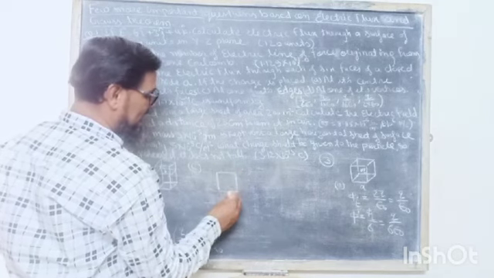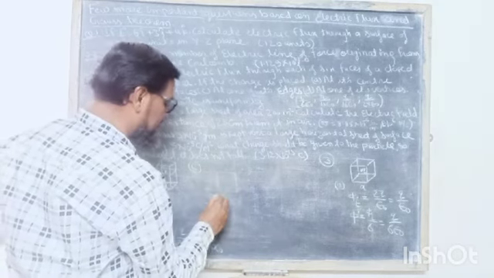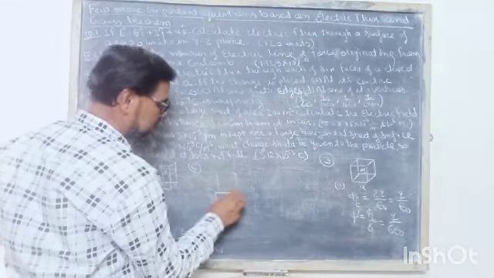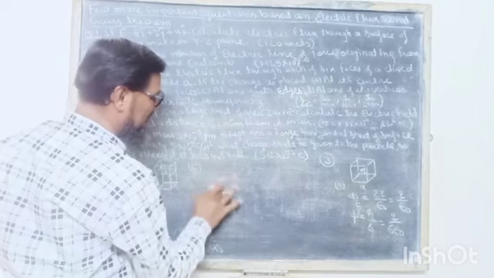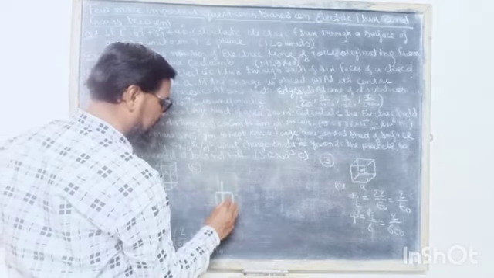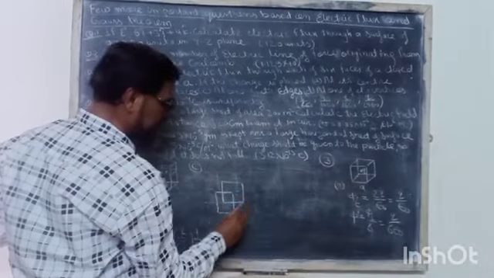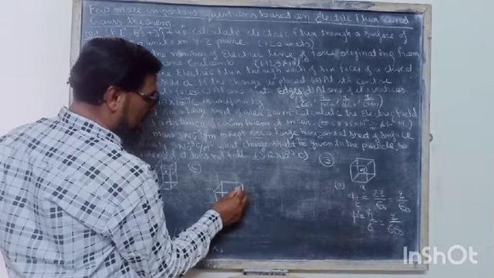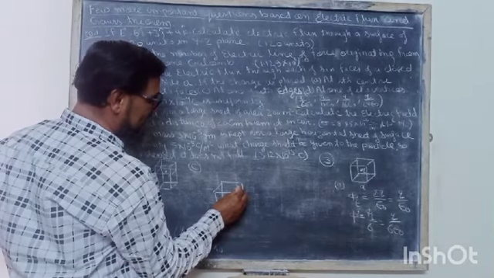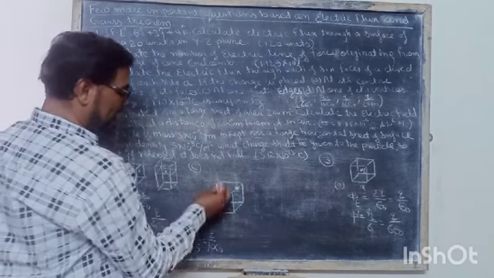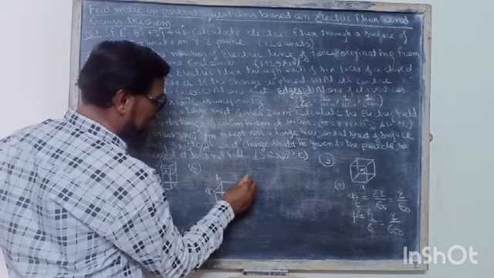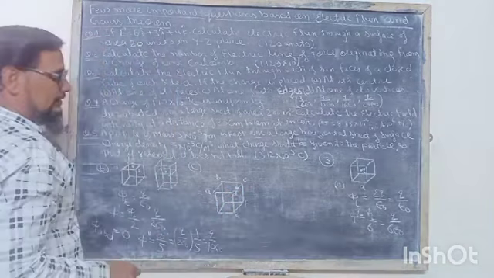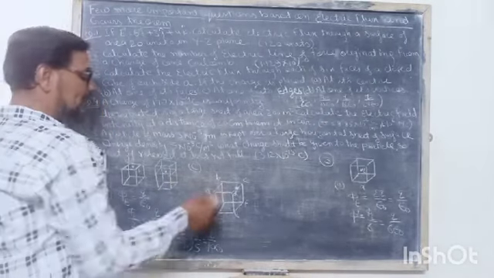And again we consider the cube, so we imagine the charge on this edge, and in this A, B, C, D, E and F.